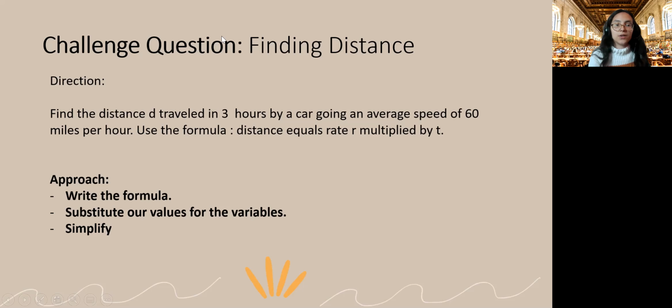And I forgot to let you know that t means time. Okay, so our approach is that we're going to write the formula for distance, substitute our values for the variables, and then simplify. So it sounds fairly easy. Let's go ahead and try it in the next slide.